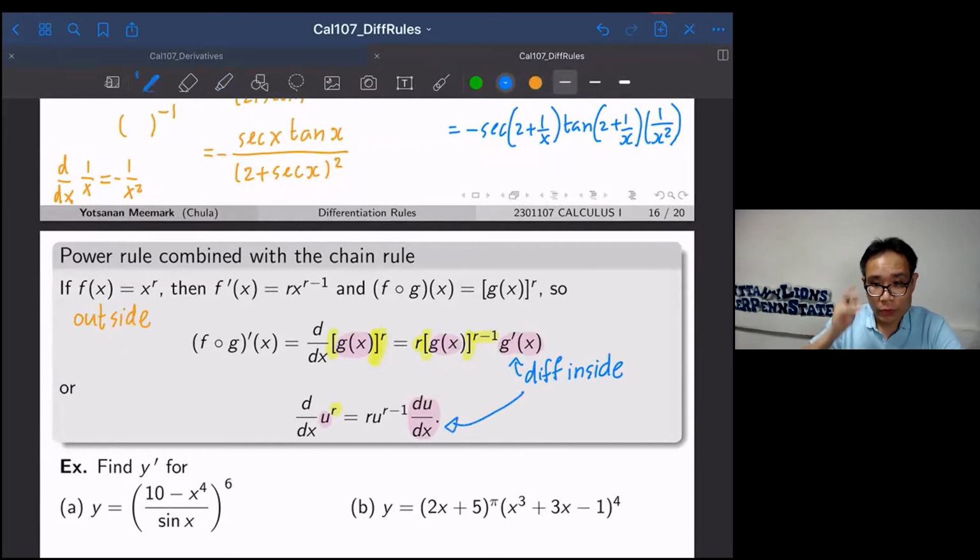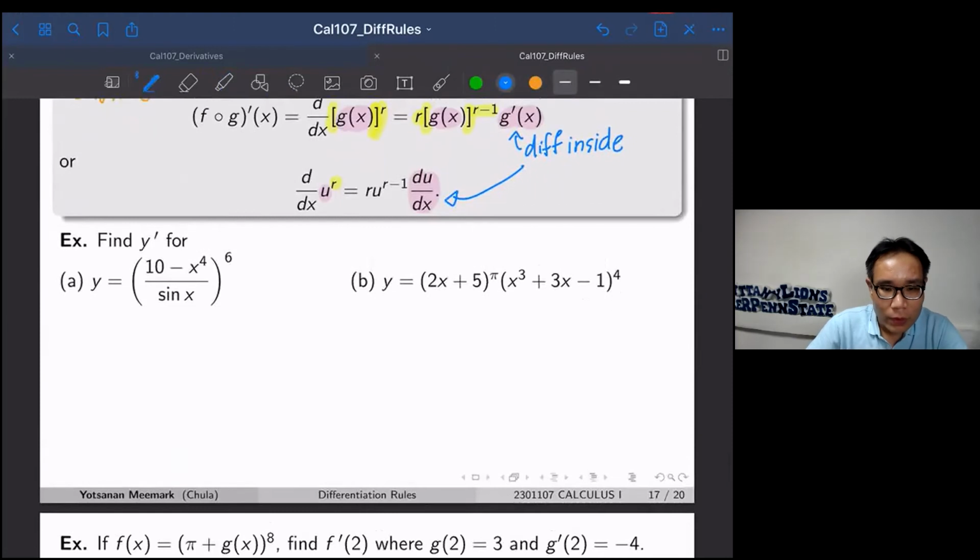Okay, so this is what we have so far. You want to find the derivative of this. The outside is the power 6, and the inside turns out to be (10 minus x to the 4th) over sin x.